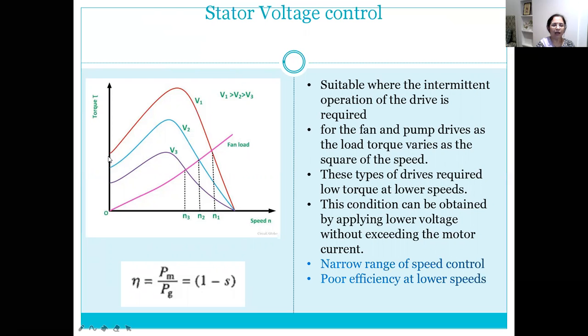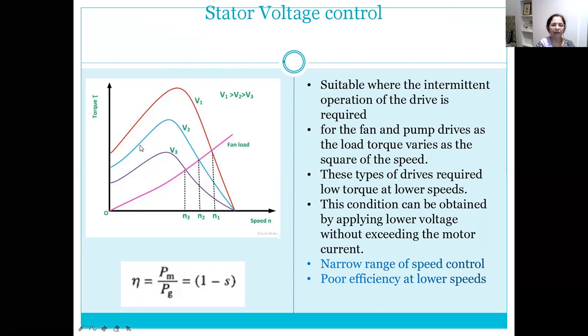If we look at the characteristic of the induction motor, we understand that the synchronous speed remains the same because we are keeping the frequency constant and reducing only the magnitude of stator voltage. So as we said, all the torques, starting torque, pull-out torque, full load torque, will be reduced in proportion to the square of the reduction in voltage.